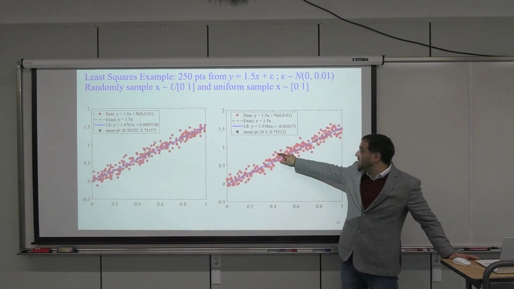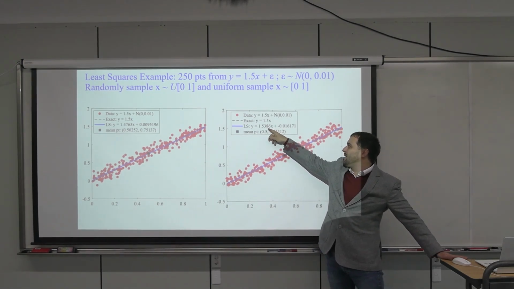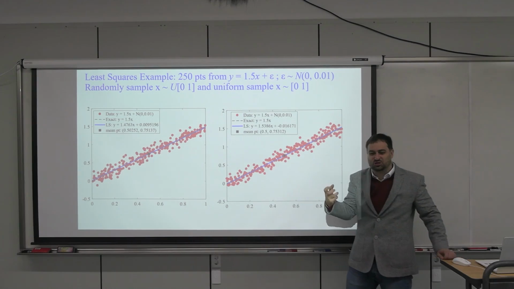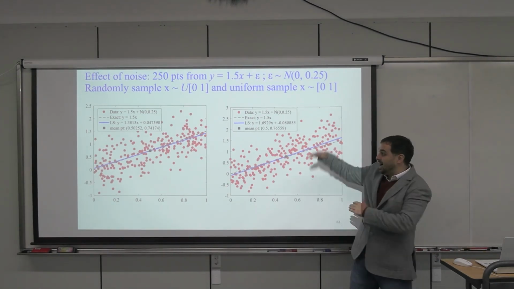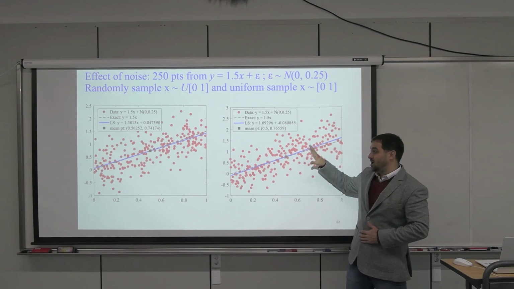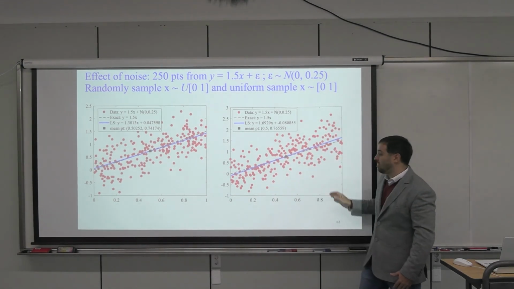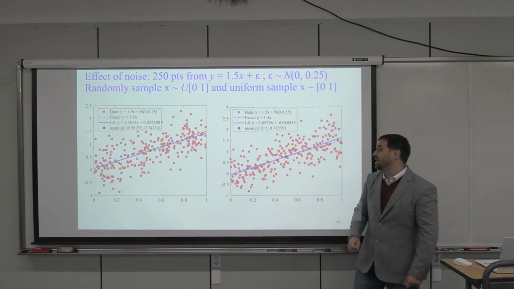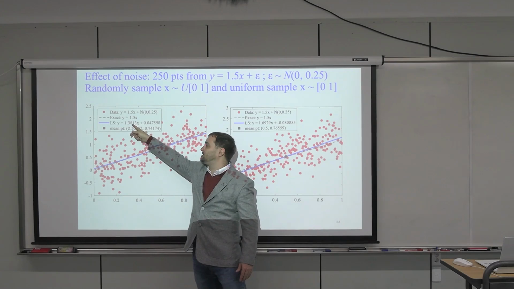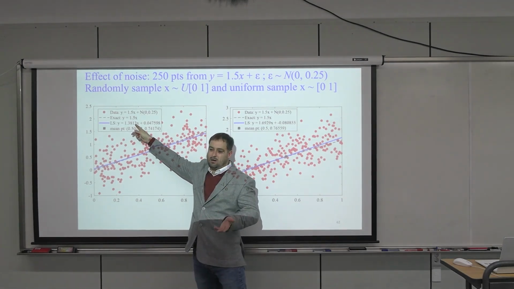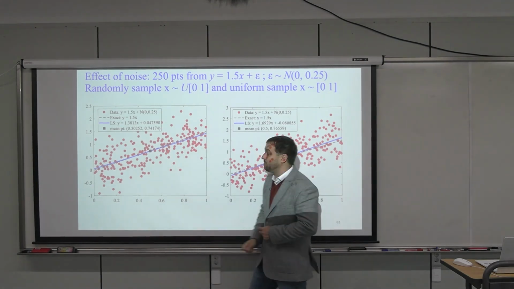In the previous example, when your noise is a small magnitude relative to your actual output value, we can converge onto the true solution rather quickly. But when the noise level is high, even with 250 data points, look how dense X goes from 0 to 1, we still get about a 15 to 20% discrepancy between the true underlying function and the fitted curve.